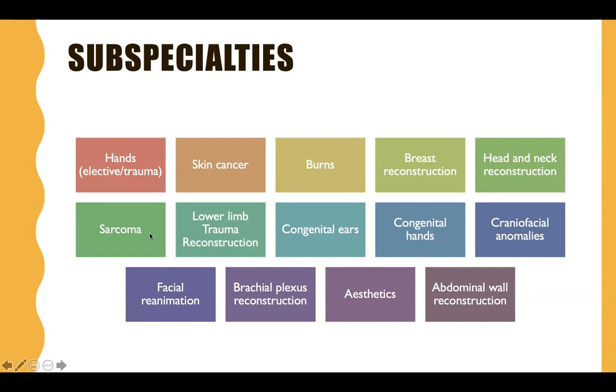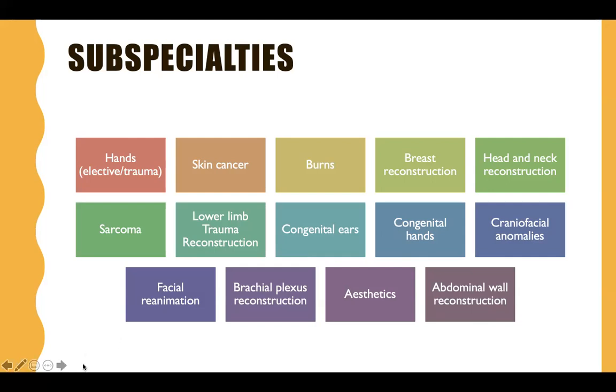And then you might know that we also do breast reconstruction, and aesthetics, of course, but you might notice lots of things that you haven't seen before, like sarcoma. What is that? Facial reanimation, abdominal wall reconstruction, and lots of pediatric stuff. So congenital ears, hands, extra feet, toes, fused fingers, all of these things.